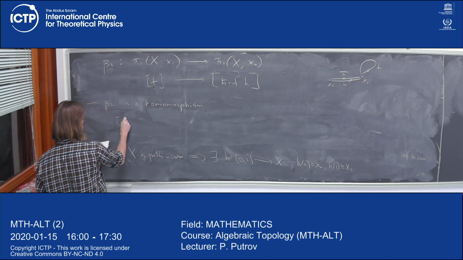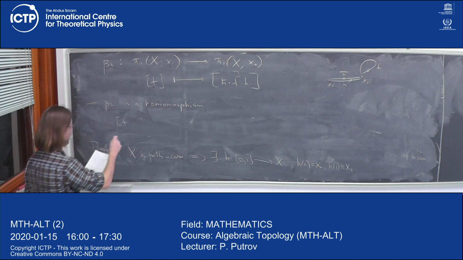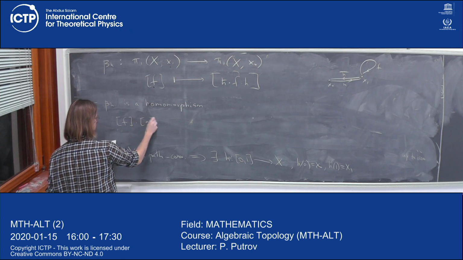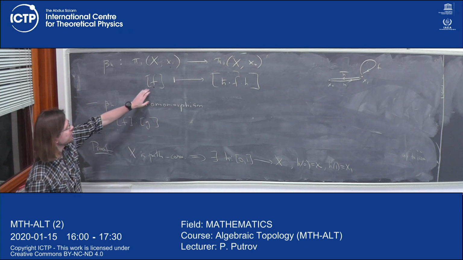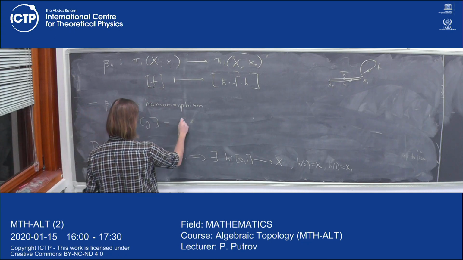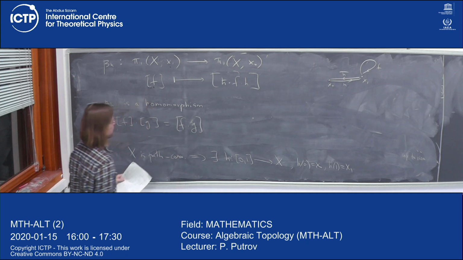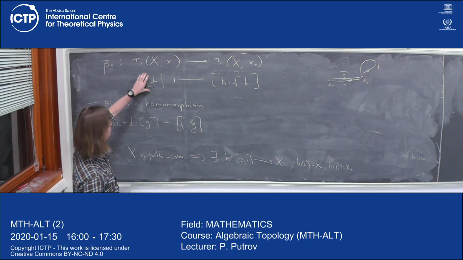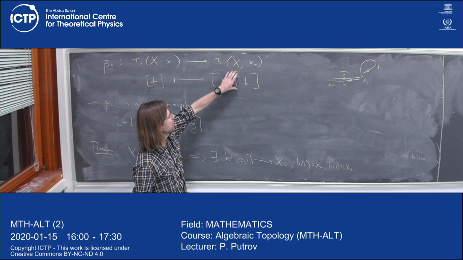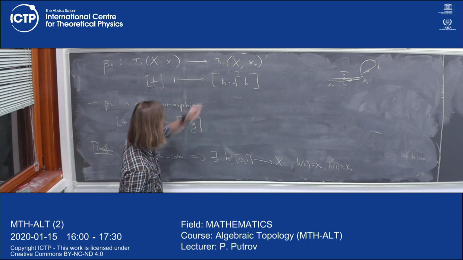So indeed, let me take a product of elements here on the left. What I want to check is that the product of elements here is mapped to a product of group elements in this pi1.